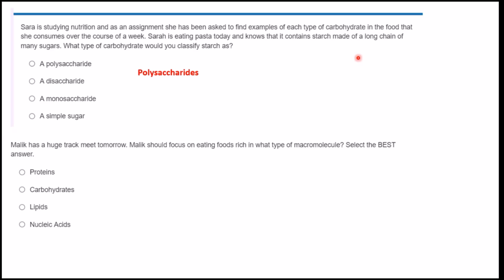I also second her idea that, for the sake that the person is going to need more energy, carbohydrates is the macromolecule that you need to take in. But now we also have lipids. Lipids also produce a lot of energy.